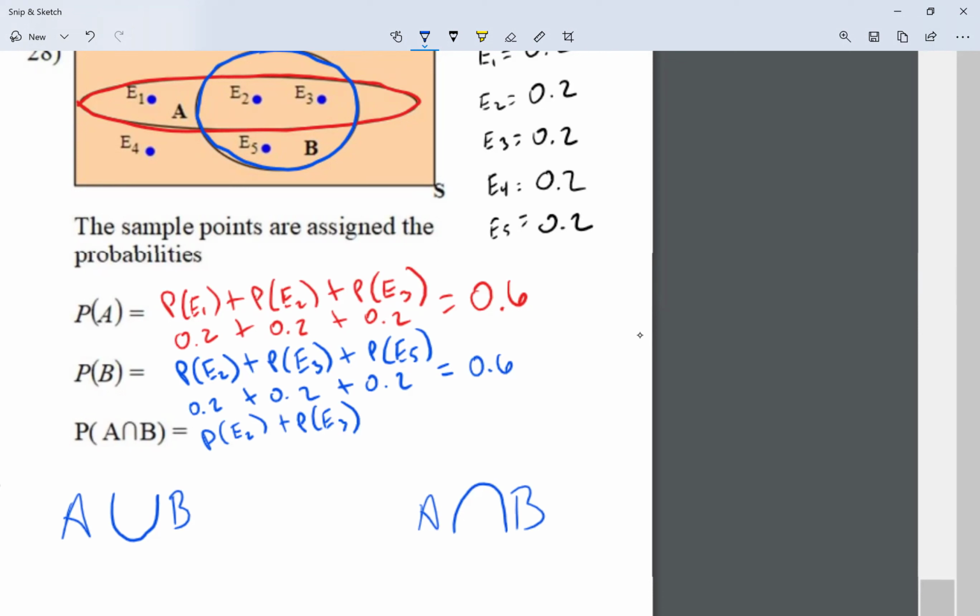Again, I'm looking at the points that have to be inside both. Okay, why did you not choose E1, Mr. Leonzo? Because it's not inside B. Well, why did you not choose E5? Because it's not inside of A. Okay, so I know E2 is 0.2 and E3 is 0.2, and when I add them, it is 0.4.